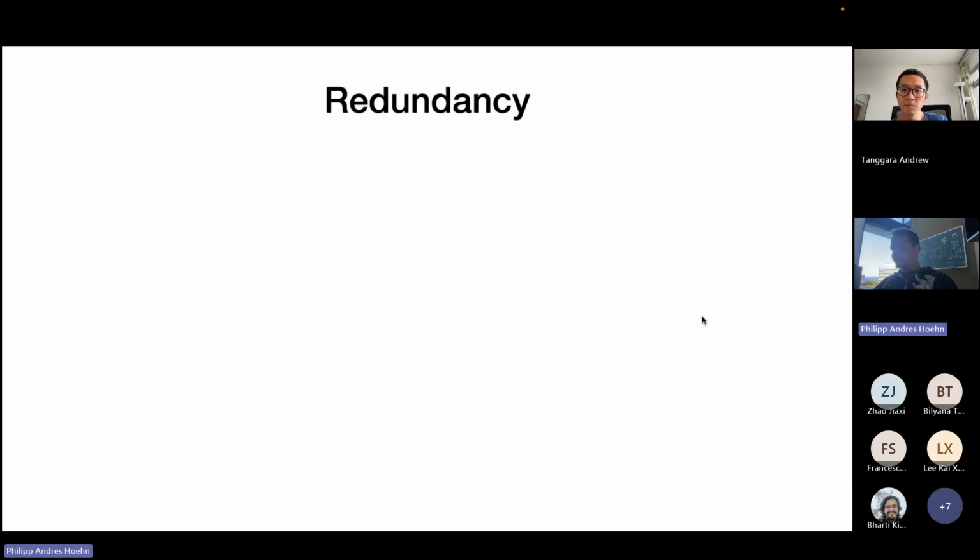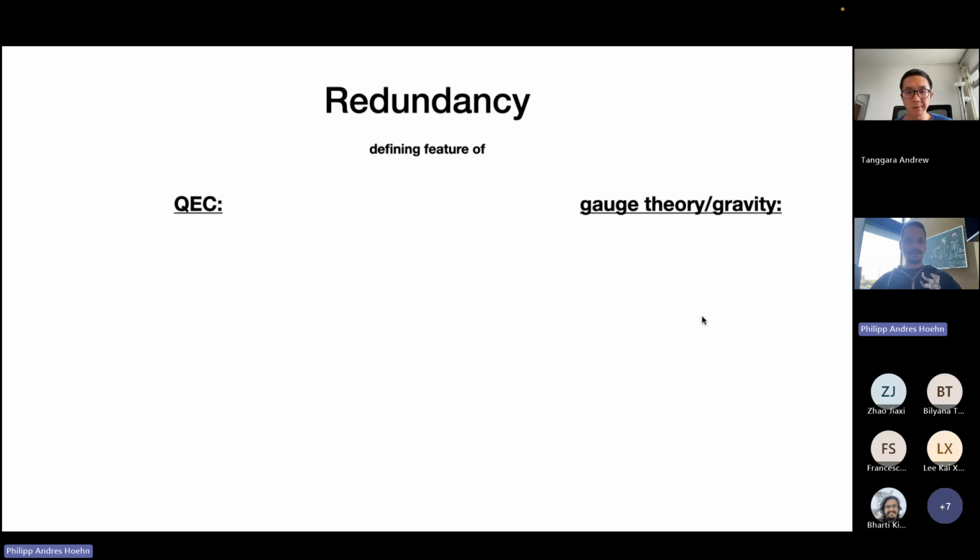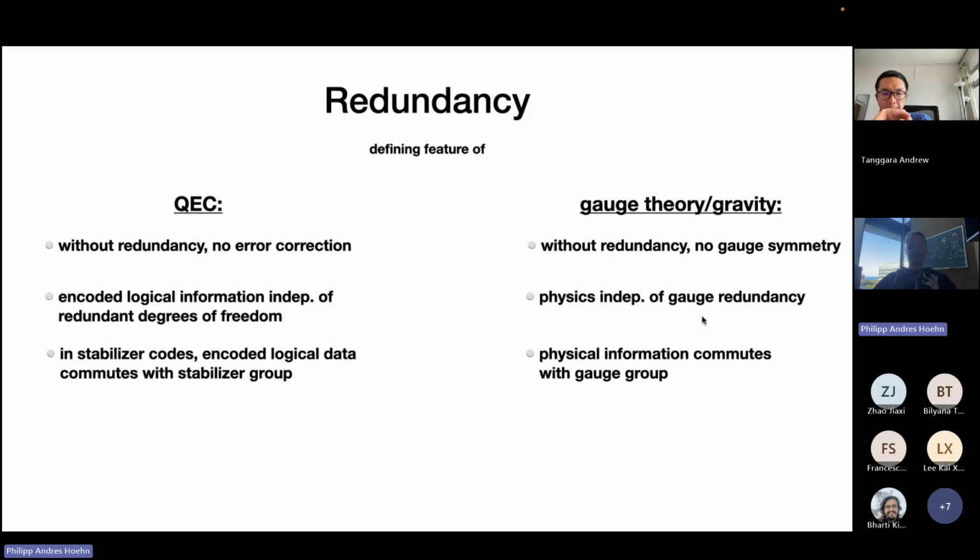If you want to summarize in one word the content of this talk, it's really about redundancy. Redundancy is the hallmark of both quantum error correction and gauge theories, including gravity. In quantum error correction, if you don't have any redundancy, you can't really do any error correction.